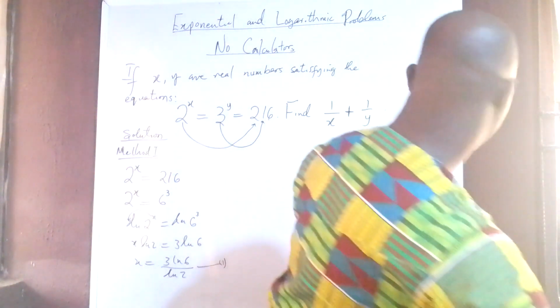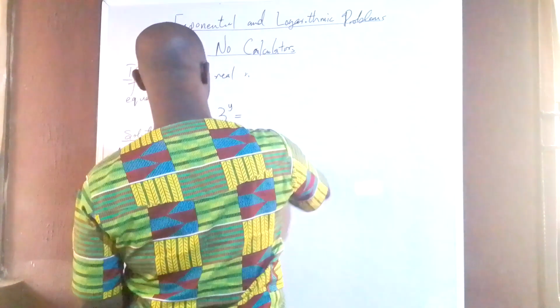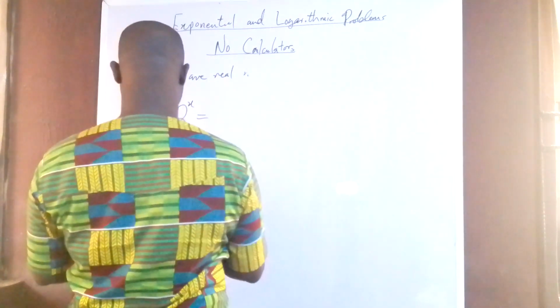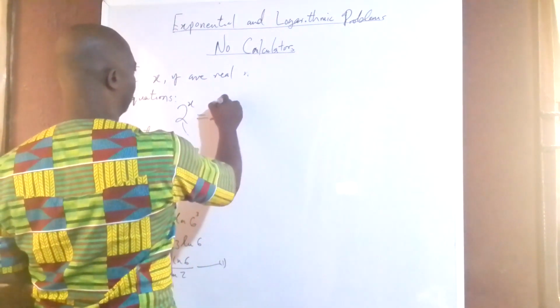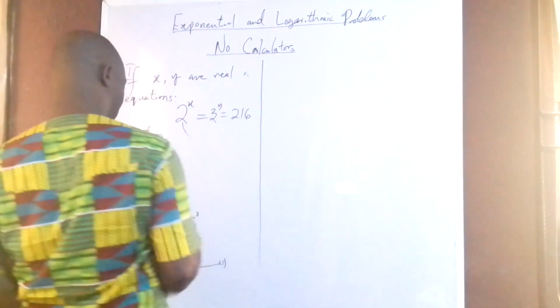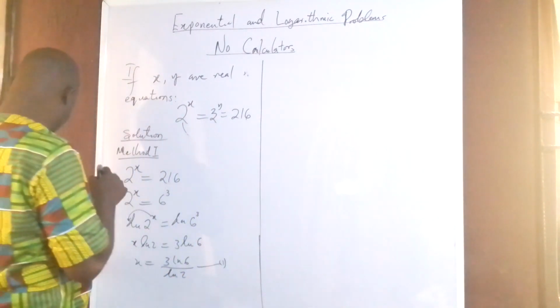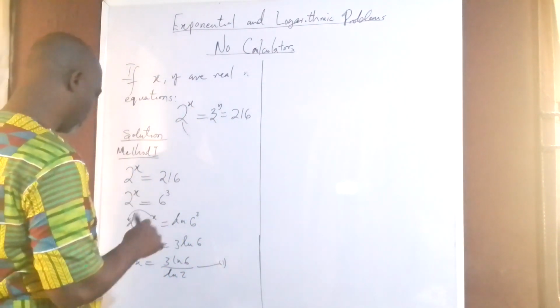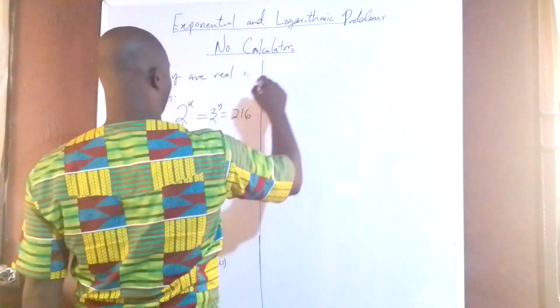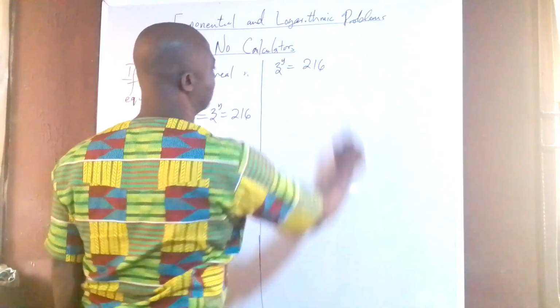And then we come over here and look at the second part of the equation. We're going to have 3 to the power of y equals 216.